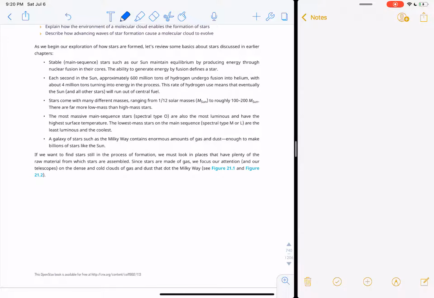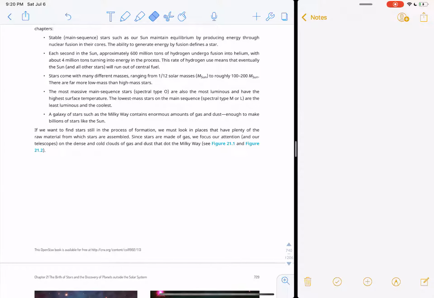There's more low mass than high mass stars. The most massive stars, type O, are also the most luminous and have the highest surface temperature, and the lowest mass stars are the least luminous and the coolest. So remember, OB, a fine girl, kiss me, OBAFGKM. Type O is the highest mass star, type M is the lowest mass star. Okay, and the Milky Way contains enough gas and dust to make billions of stars.